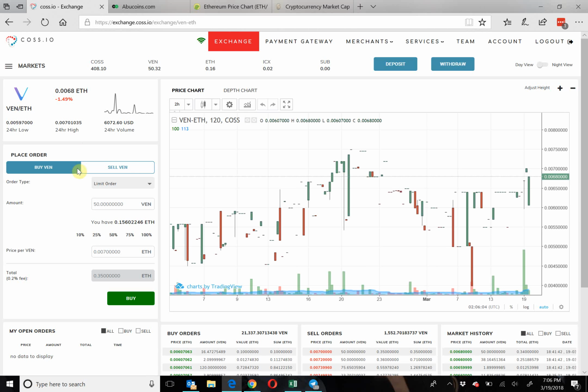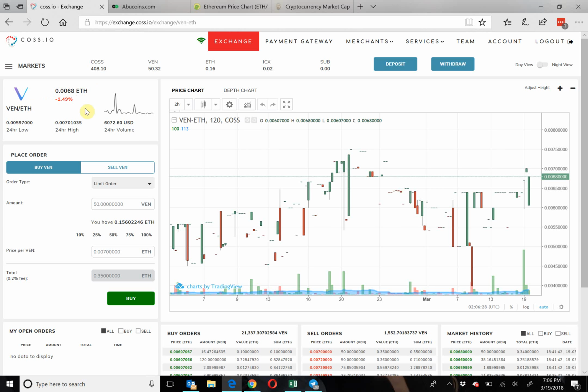Okay, so the basics of placing an order. Most sites will have this option where you can do a limit order or a market order. A limit order basically is a haggling tool of figuring out how many of a certain token you want to buy, and at what price.